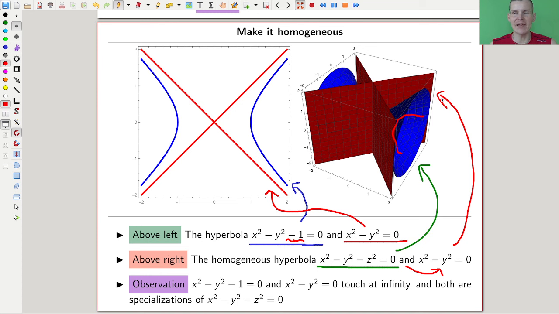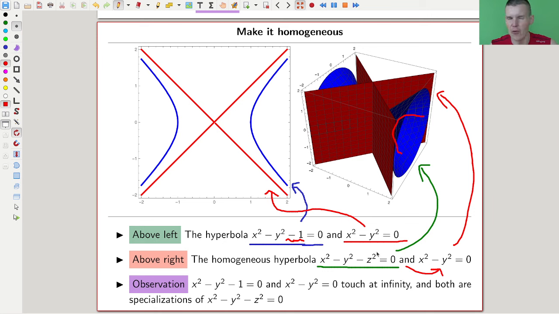And that's what I would think of as closing something. You specialize to 0, but you're not really allowed to do it. So you add an extra variable that you then specialize to 0. Hopefully that makes some sense. You make it homogeneous by adding this extra variable, and then you can specialize that variable to 0, and that's where you see the points at infinity.